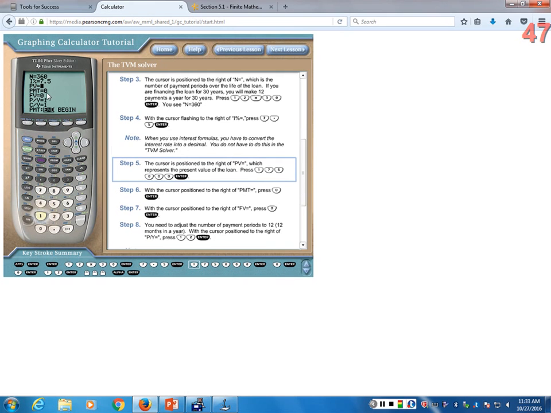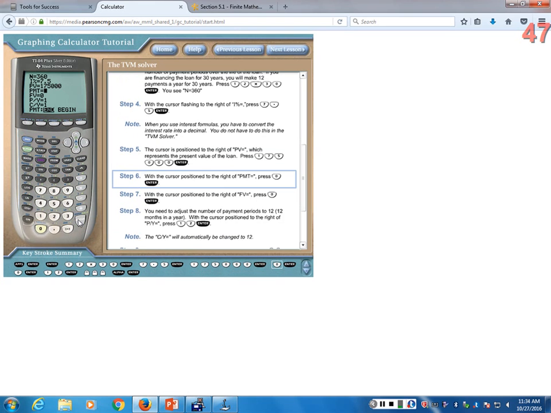And then your present value of the house, that's the $175,000. Then zero. And your house payment's what you want to know. You want to know what your payments are going to be. So you leave that with a 0.